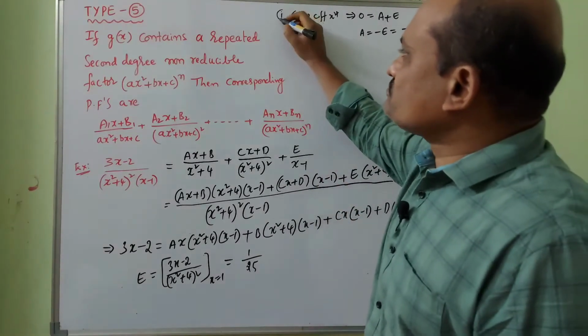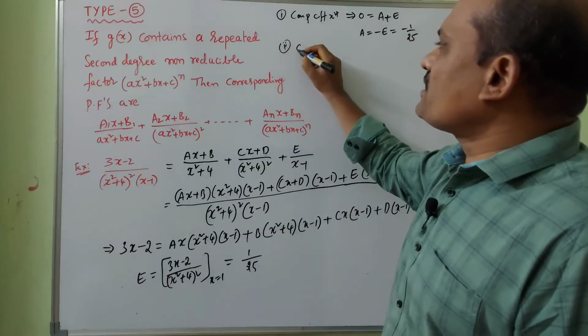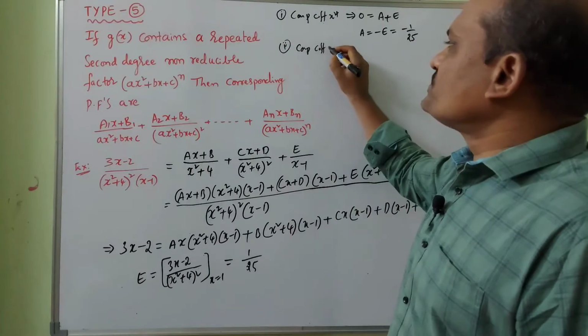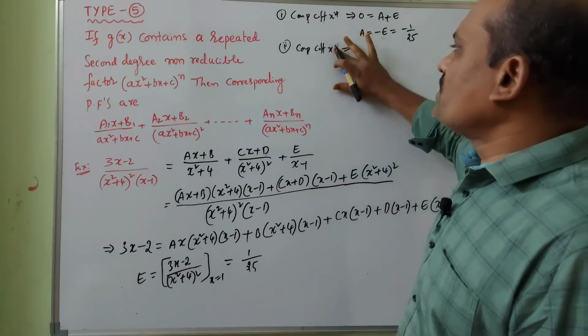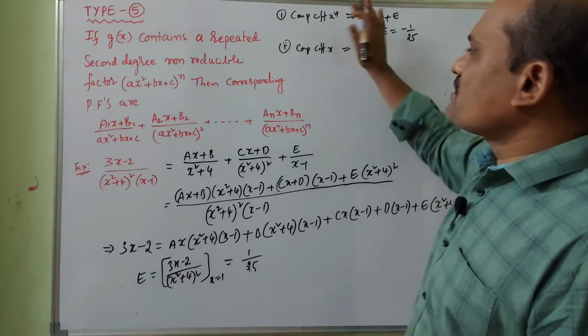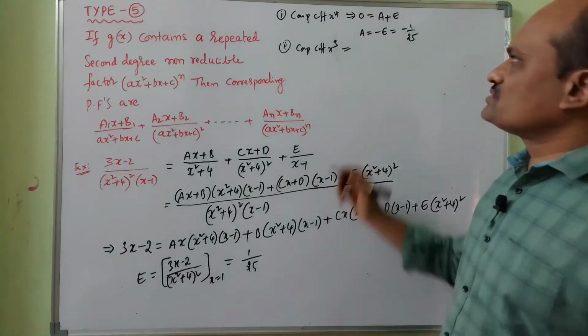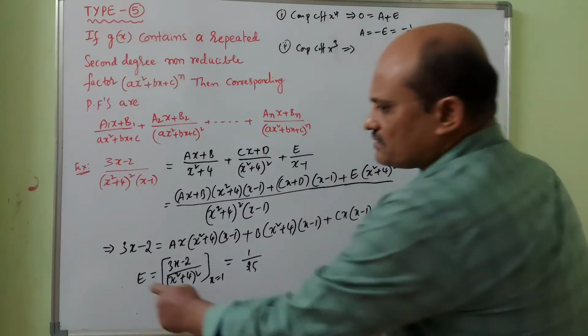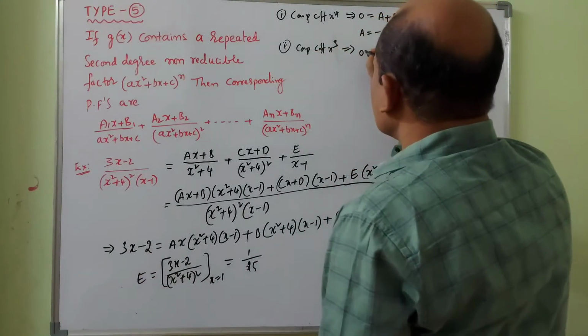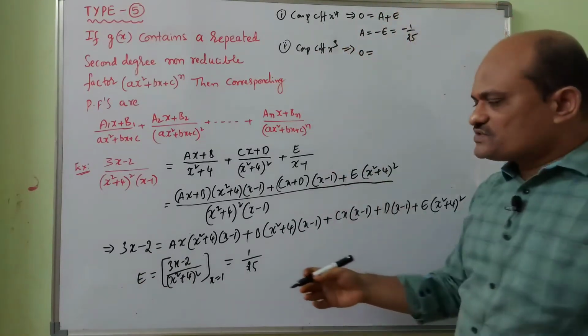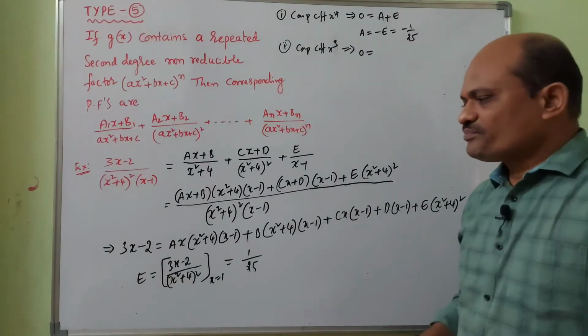Now the coefficient of x power 4 is over. Now I am going to compare the coefficient of x cube on both sides. On the LHS there is no x cube, so the coefficient is 0. Now the x cube coefficients.